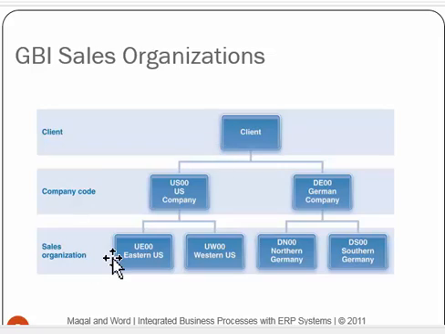Here is a representation of the sales. So how many sales organizations do you see? 4. We have 4 sales organizations, 2 in the US and 2 in Germany.